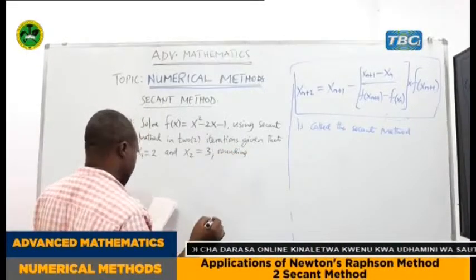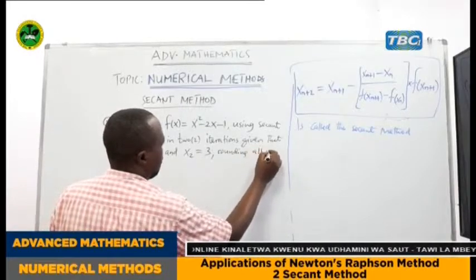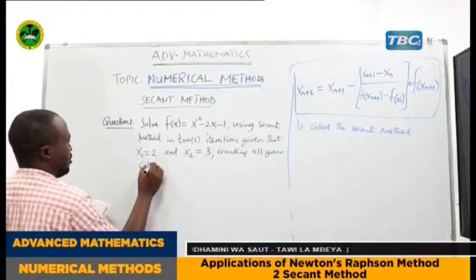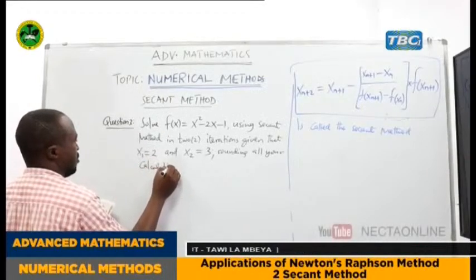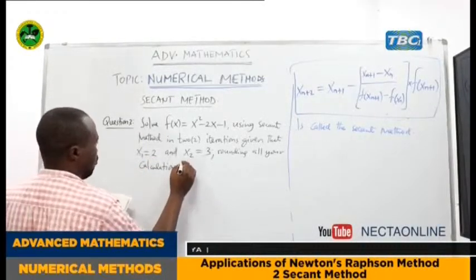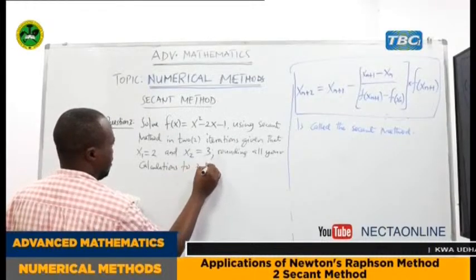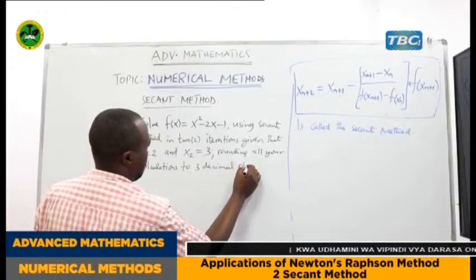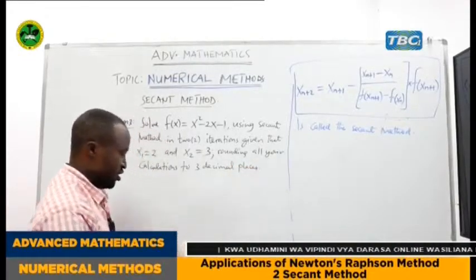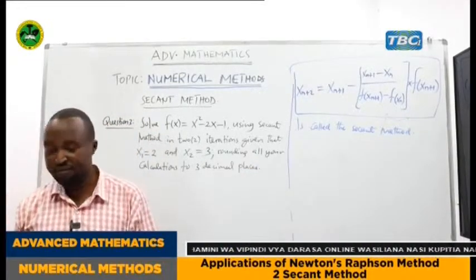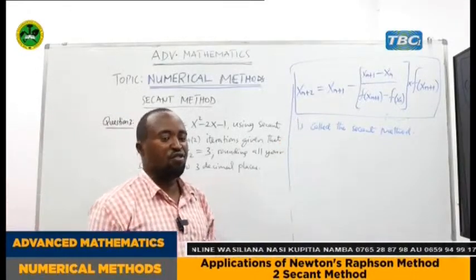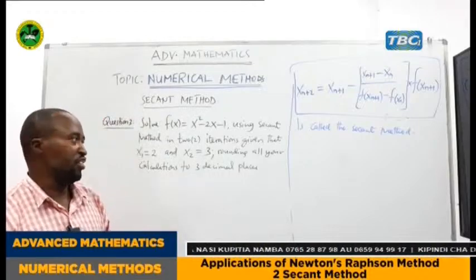Rounding all your calculations to 3 decimal places. Now that is your question. We are going to see how this formula is useful in such kind of equation.